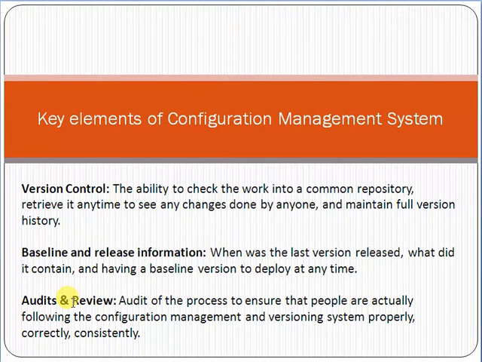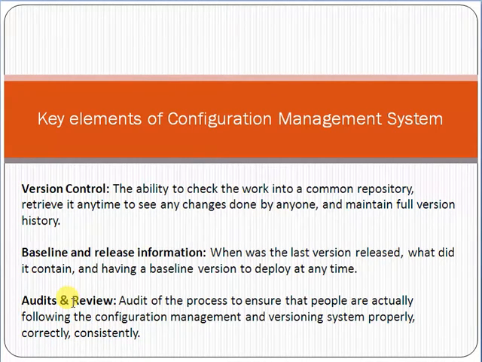Audit means, friend, that you check that people or stakeholders of a project are using the correct version. Like for example, they check the stakeholder whether they have the correct version of scope document, whether they have the right criteria of acceptance, whether they have the right characteristics of quality checks, etc.